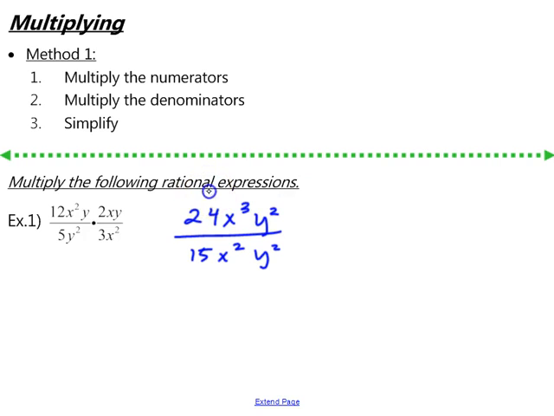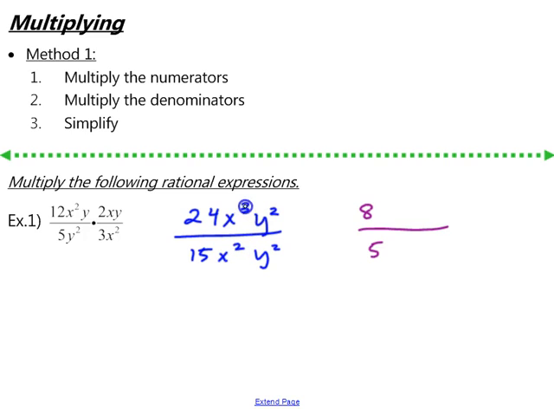So once we've multiplied the numerators and then multiplied the denominators, now we want to take a step and simplify. So let's go ahead and simplify these numbers. 24 over 15. This is going to simplify to 8 over 5 because 3 is the biggest number that goes into both. x cubed over x squared.